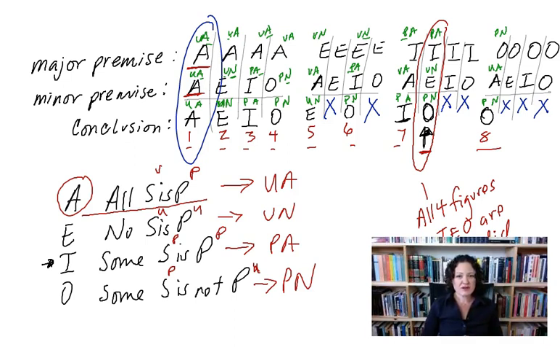So next we have to learn about figures. And the figure will show us how to set up an argument. So these are standing for statements like this, but we need to know, well, I have a third term, I have a middle term, where do I put it?